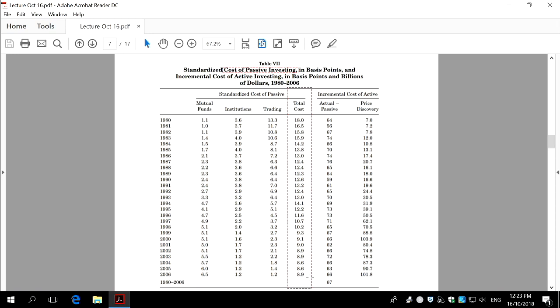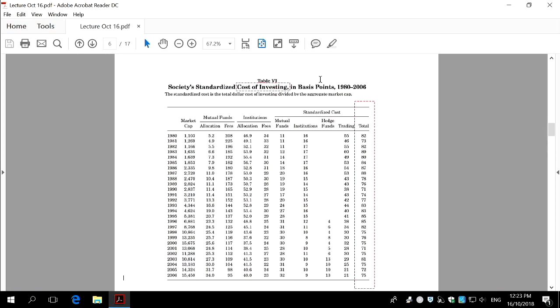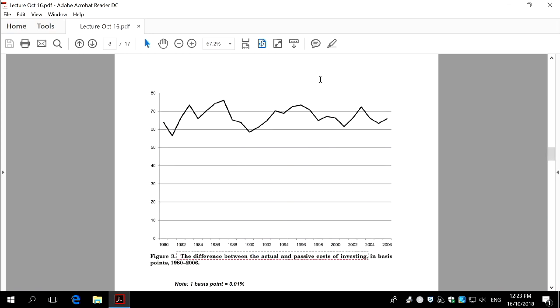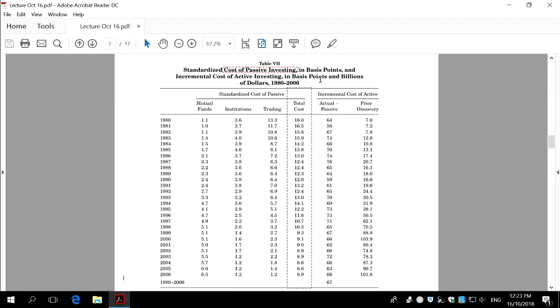So remember, we are looking for the difference between this cost and that cost. And this is a difference. This is the active cost minus the passive cost. So this is the whole thing about the cost of active investing relative to passive investing.